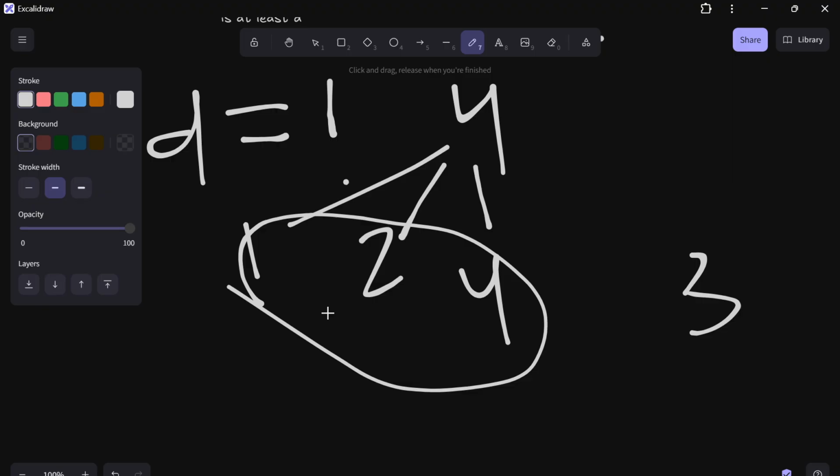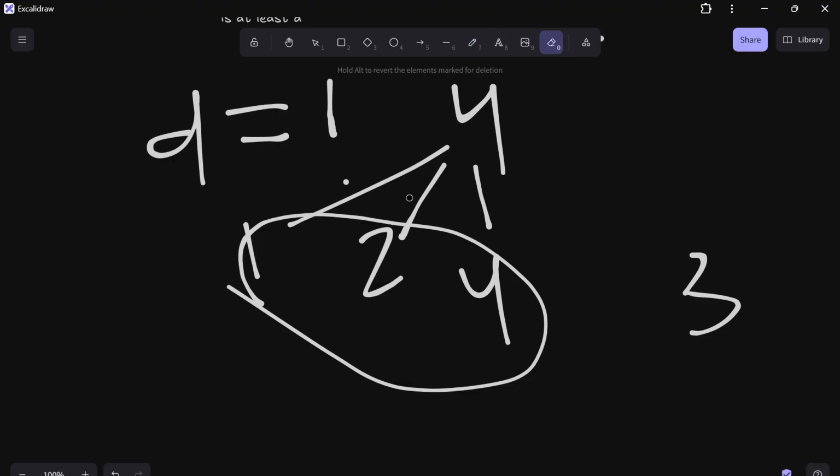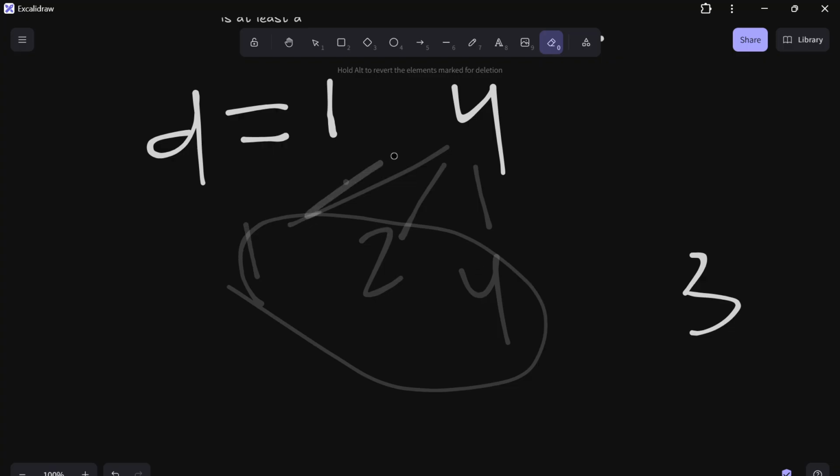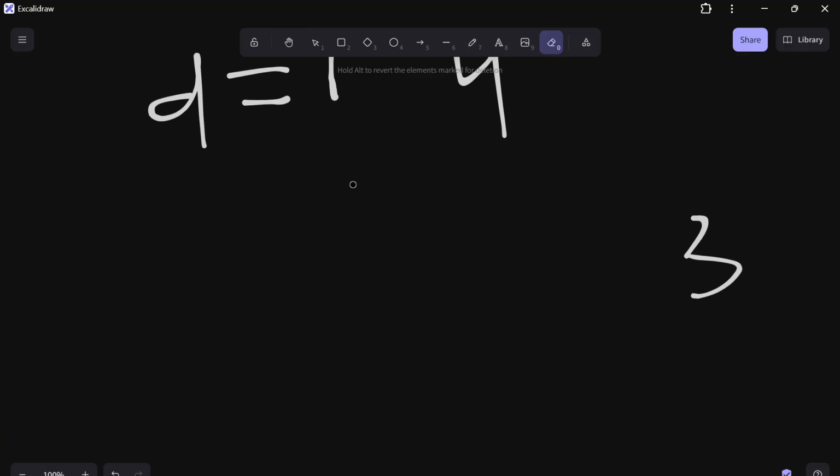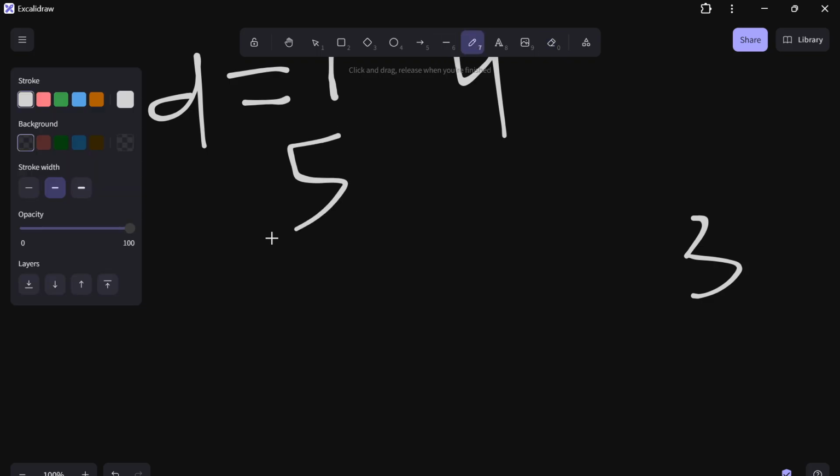But we need 4 divisors. Suppose we take the number 5. It has 1 and it has 5, but it has only 2 divisors.